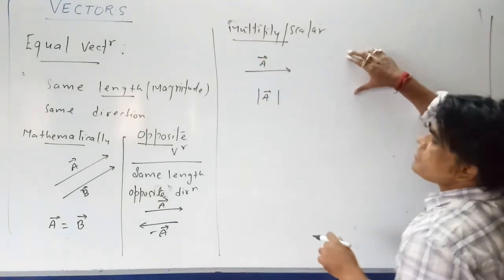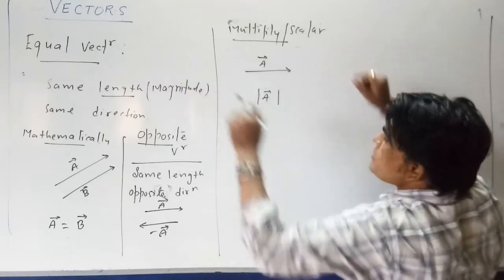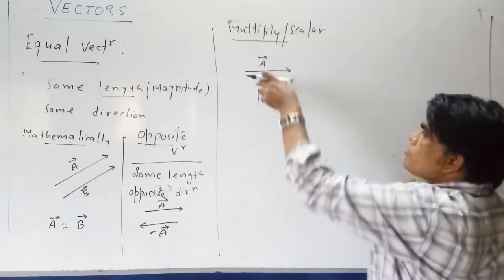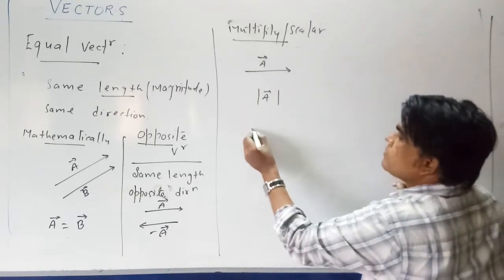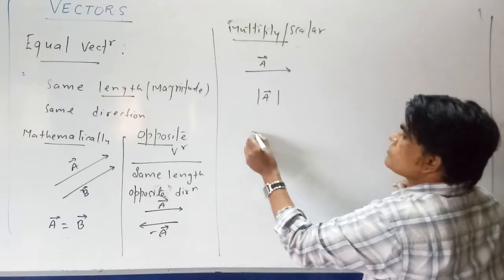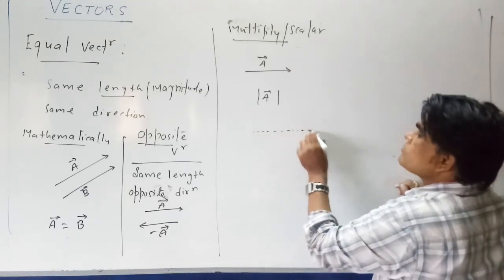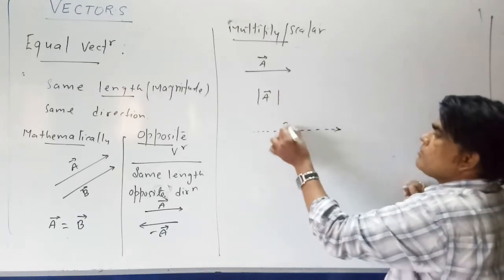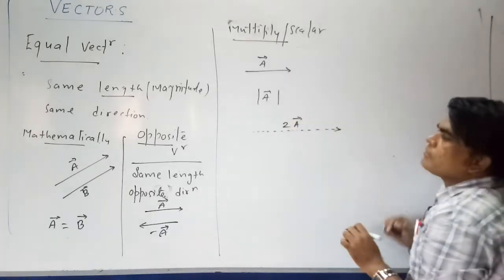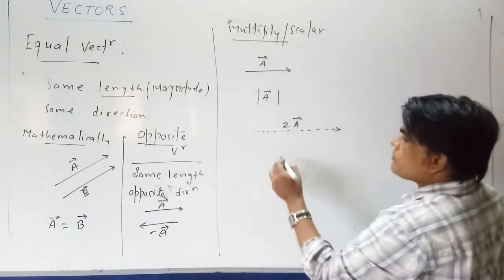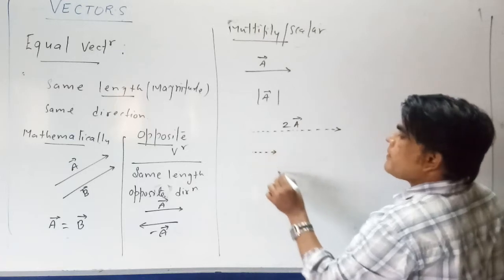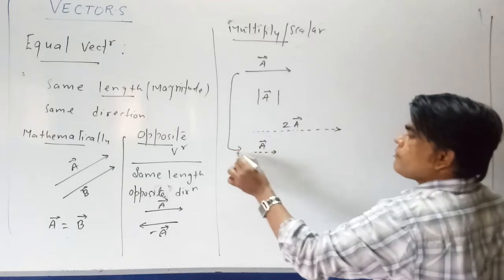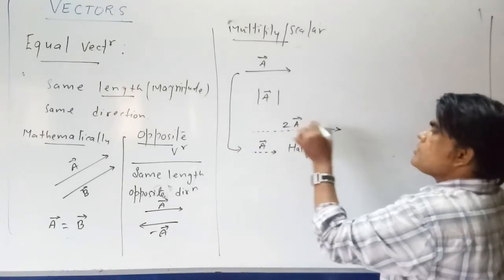If you want to increase its magnitude 2 times, 3 times, whatever you want, or half. Suppose I make it double, now this vector is double the upper vector. If I make it half, again the vector A, now this vector becomes half, and this becomes double.